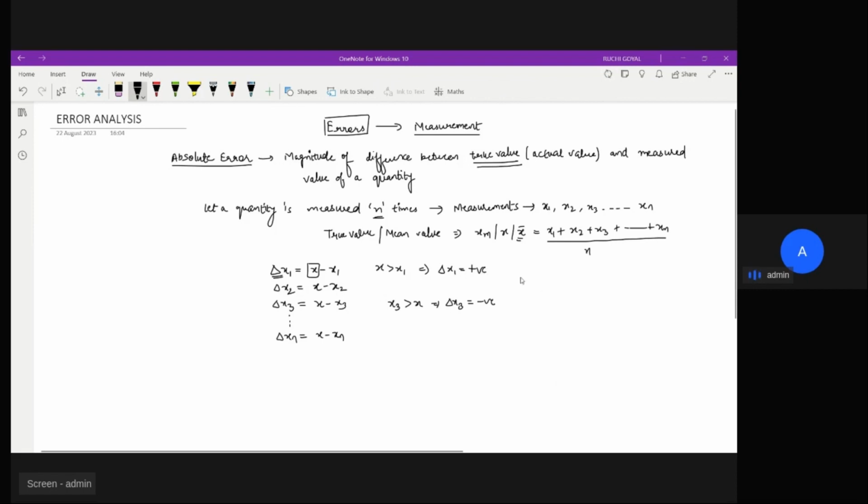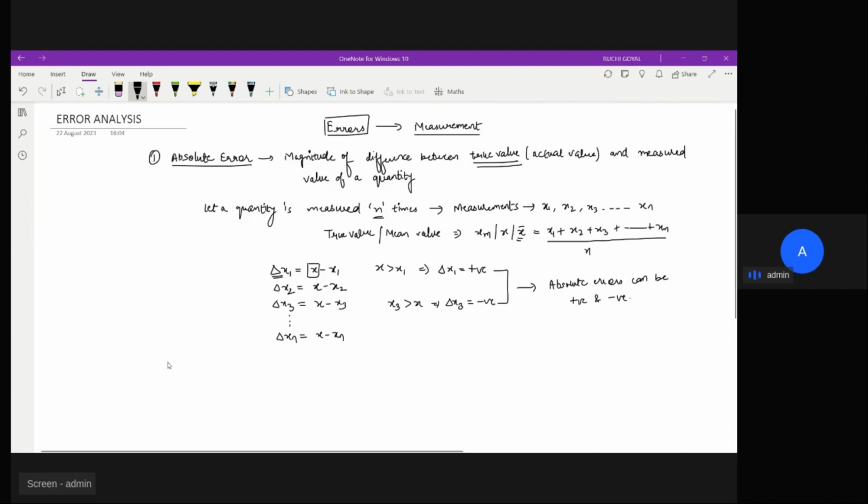So the absolute errors can be positive as well as negative. Okay, so this is the first type of error, absolute errors.